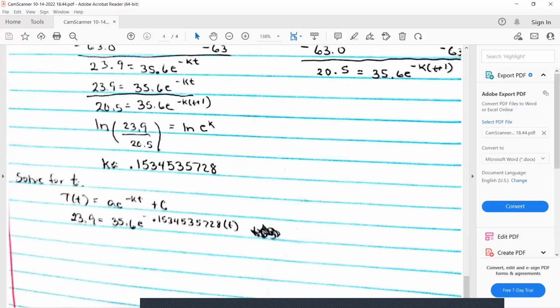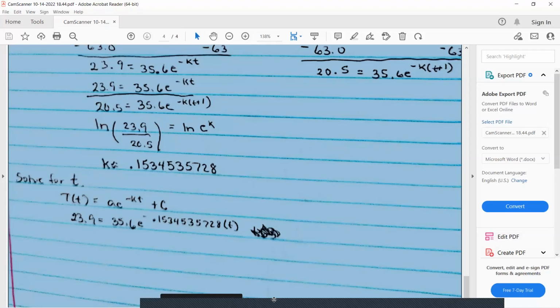Okay, now finally, and it's about time, we want to get t. This is the number of hours that she's looking at it after it dies. So you plug it in, you have 23.9 equals 35.6 e to the this thing times t. You know how to solve this. Divide by 35.6, take the natural log, and then divide by this power.